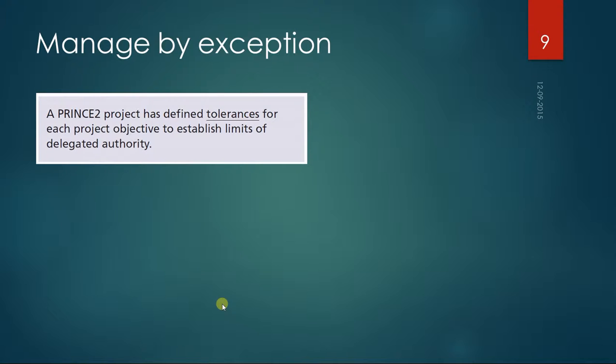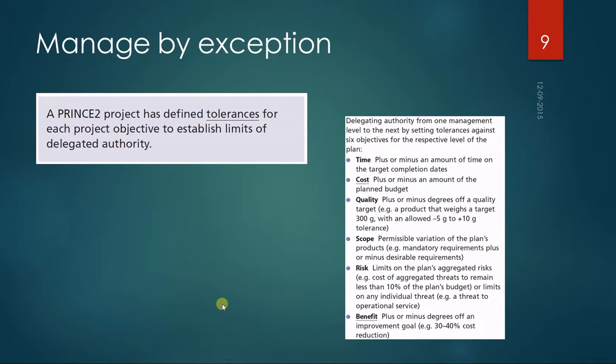It's very closely linked to the word tolerances, because Prince2 talks about tolerances on all the six objectives they have. Like there's a tolerance, you can say tolerance on time, cost, quality, scope, risk, and benefit.